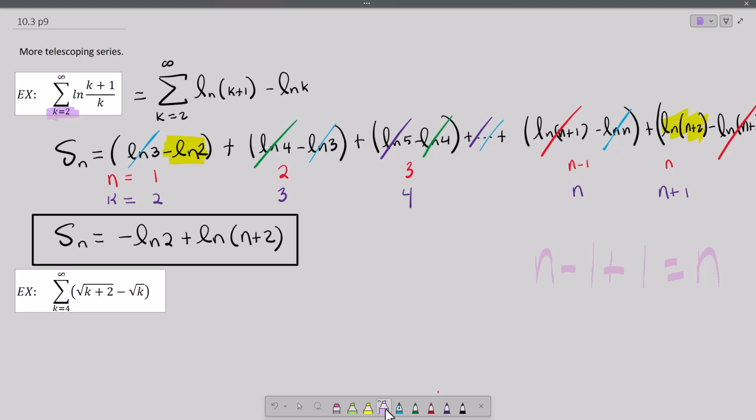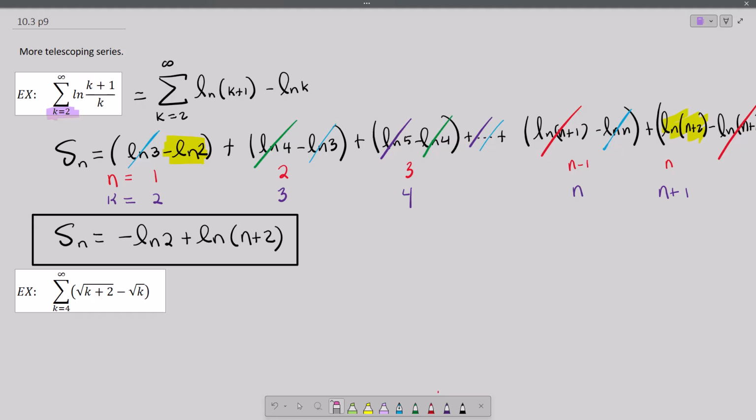You see it? And so here, when you add 1 to n, you get n plus 1. Here, when you add 1 to n minus 1, you're going to get n. You add 1 here, you get 4. You add 1 there, you get 3. You add 1 there, you get 2. So that's our pattern that we're going to use all the way through. In this case, we add 1.